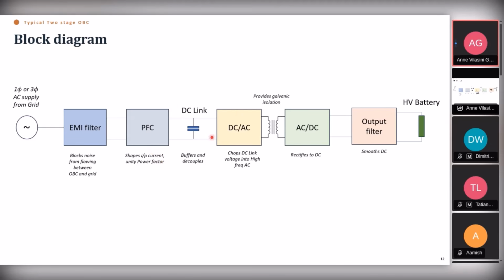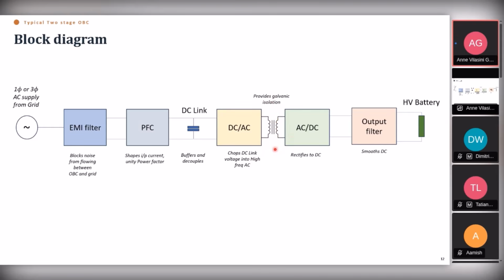The DC link is an intermediary stage, which could be a bank of capacitors. It is going to buffer and decouple. Then this is the DC-DC conversion stage, where the actual power conversion happens. In the primary stage, it converts the DC that comes from the PFC section into high frequency AC, because the transformer is present, which is needed for providing isolation.